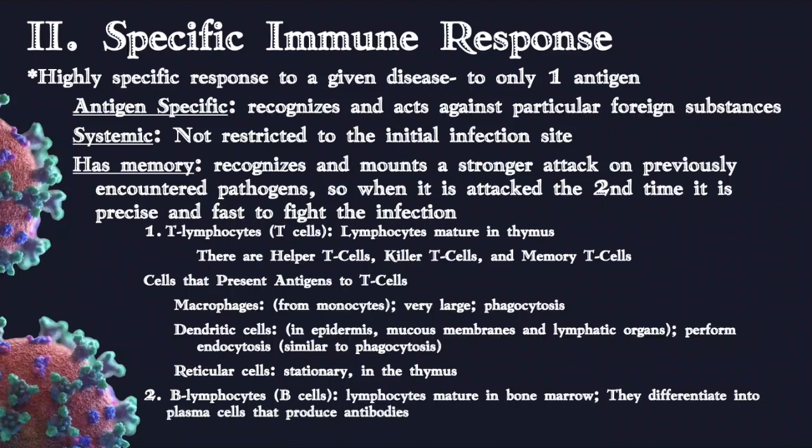And then you have the B cells, which are going to differentiate into different plasma cells to produce antibodies to break apart and attach to the antigens. So let's take a look at those in more detail.